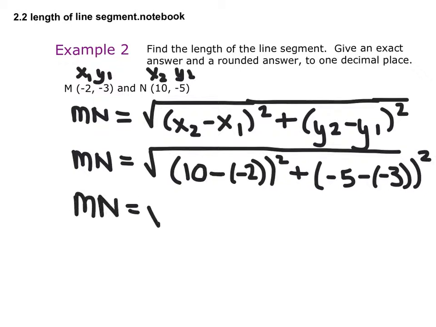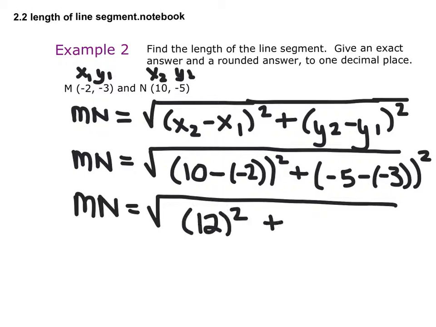So what we do now is we solve for what's in the brackets. We get 10 minus -2, which becomes 12 squared, plus -5 plus 3, which is -2 squared. Please don't make mistakes when you're squaring these values. Remember, -2, because it's in brackets, means you include the negative when you're doing the operation. So please don't make those errors.